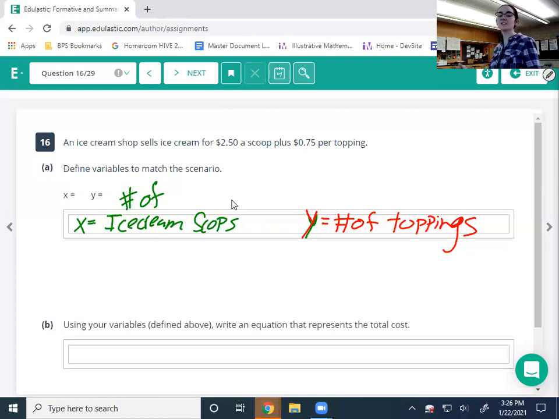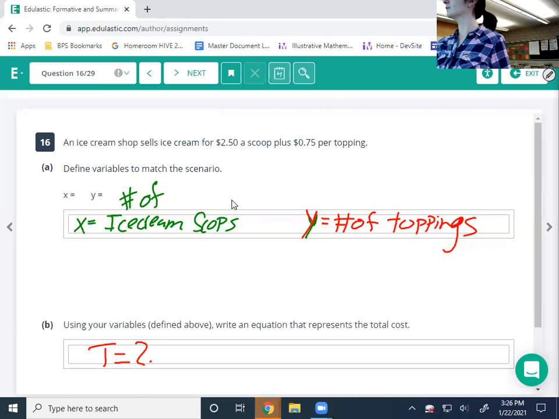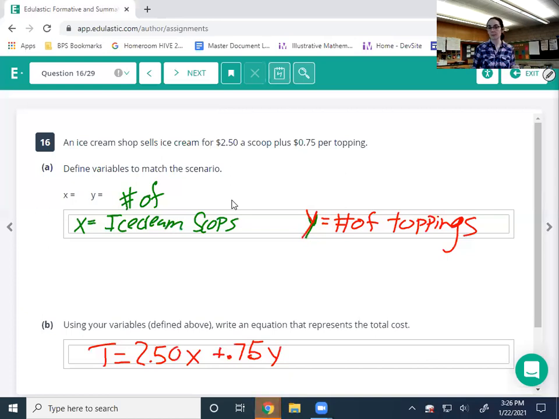So the total cost of my ice cream, T, is equal to 2.50 times the number of scoops, X, plus 75 cents times the number of toppings, Y, that you purchase.